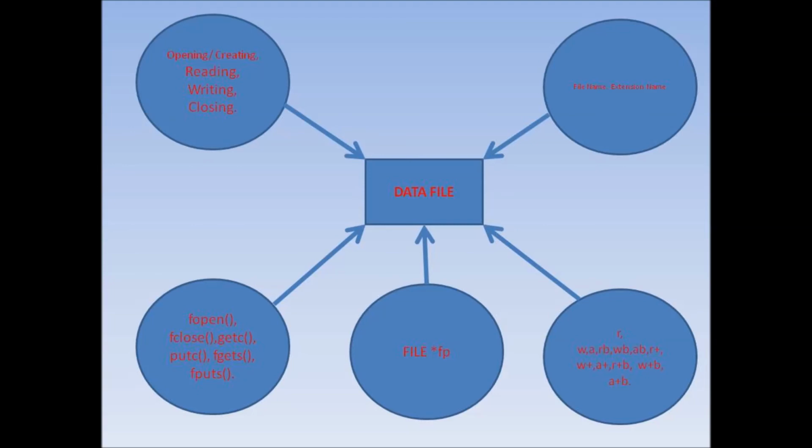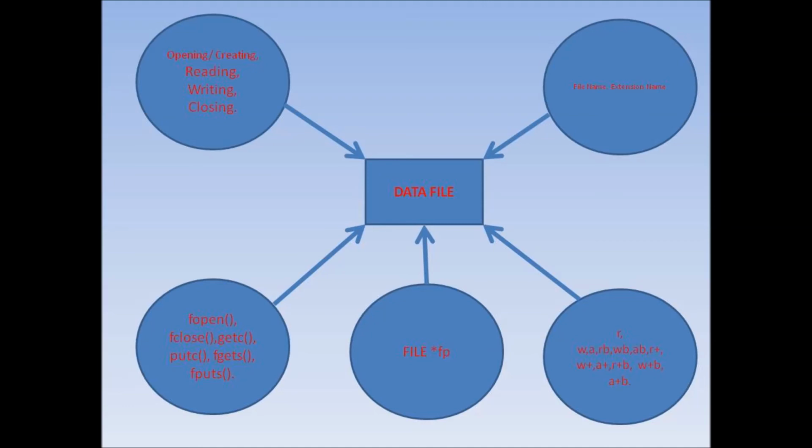If we open the file in r mode, that means we are opening a text file for reading purposes. If we open the file in w mode, that means we are opening a file for writing. All these modes I'll explain later with examples, so it will be clearer to you. If we open the file in a mode, that means we want to add some new information there.